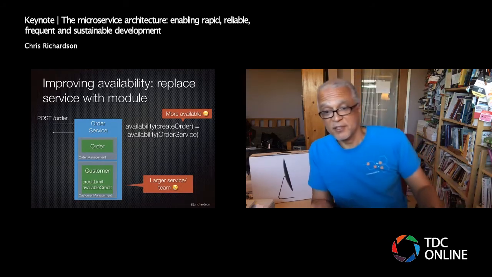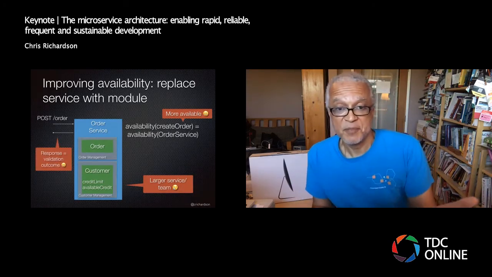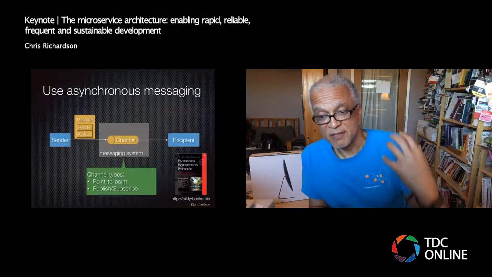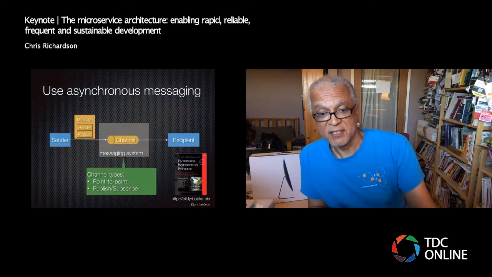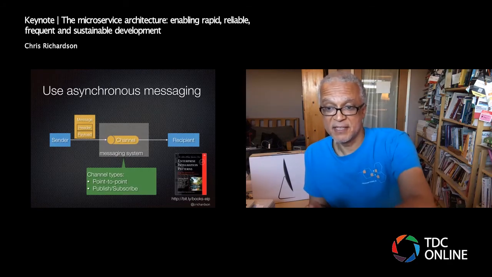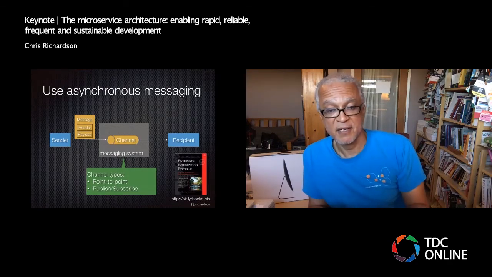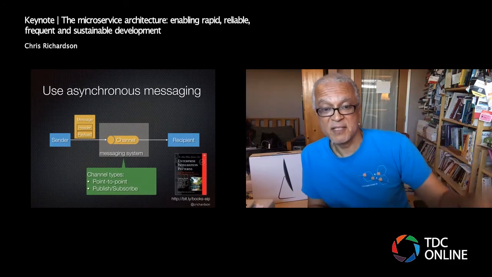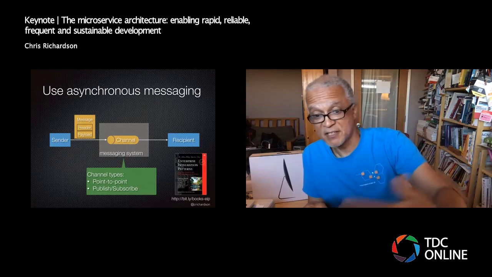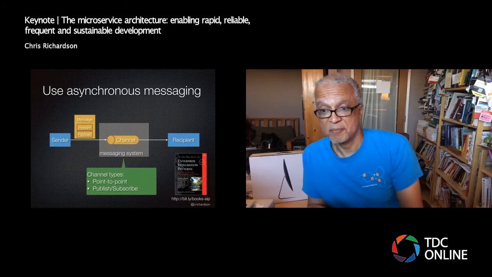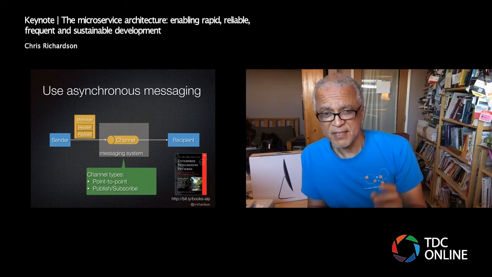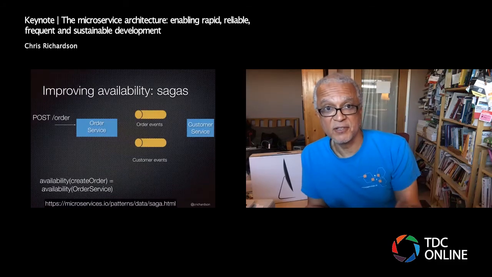So that's not a good approach. Instead, you want to rely on asynchronous messaging between services. A great book for this is Enterprise Integration Patterns, where services communicate via a message system over message channels to recipients. And there are a couple of different ways that you can do this.